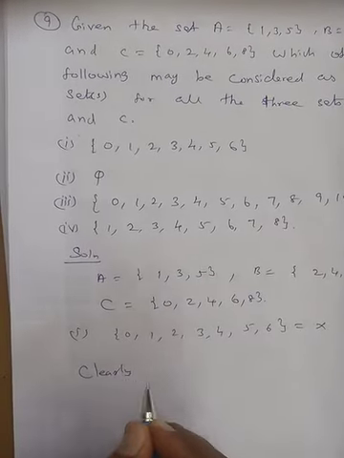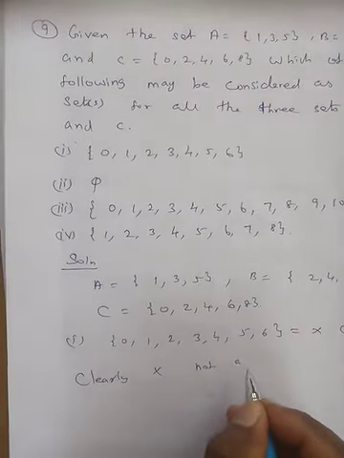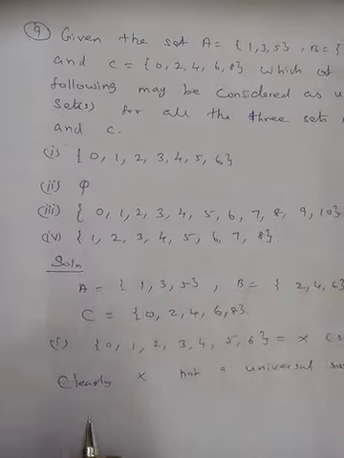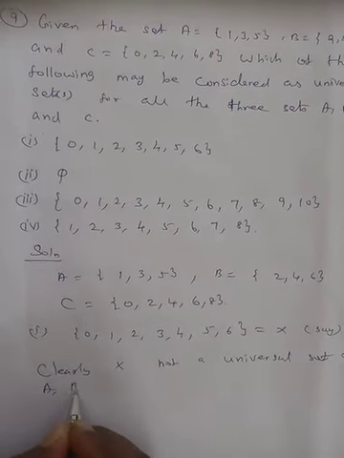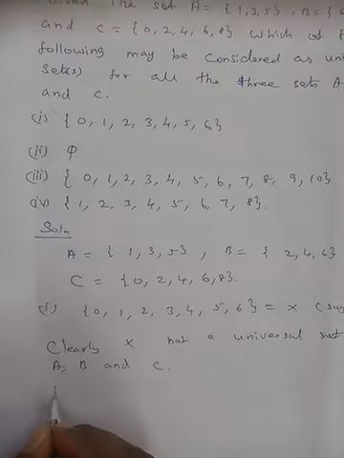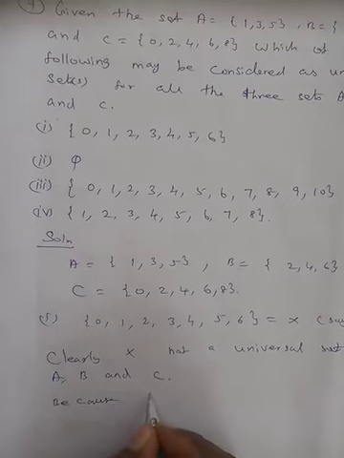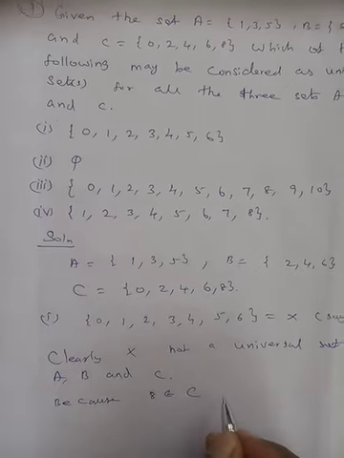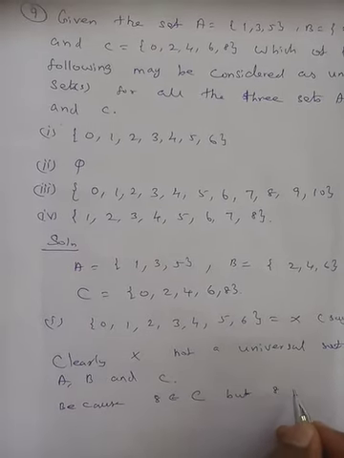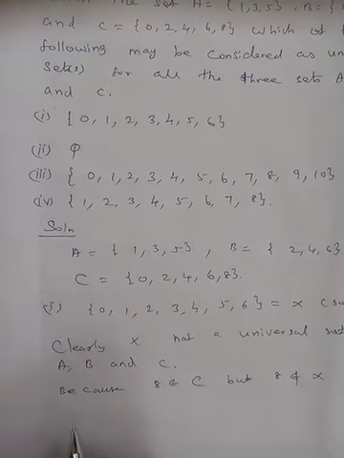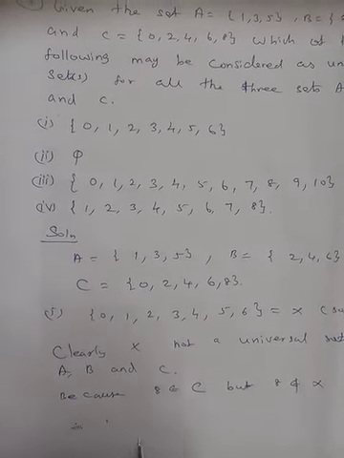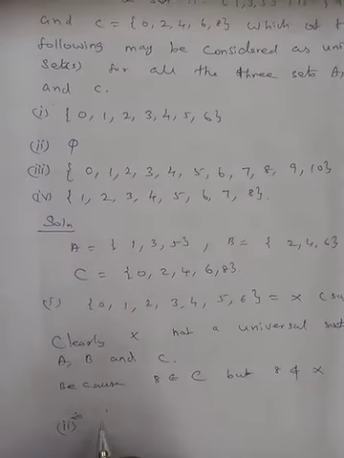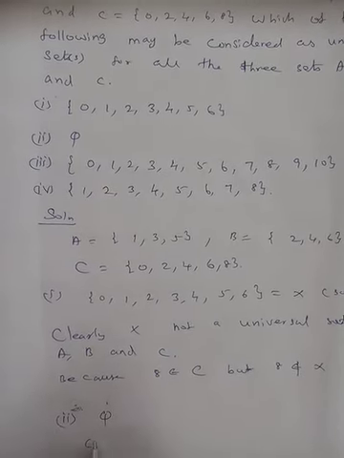Clearly X is not a universal set of A, B and C, because the element 8 belongs to the set C, but the element 8 does not belong to the set X. Therefore, X is not a universal set of the given sets A, B and C. Second one, the empty set.